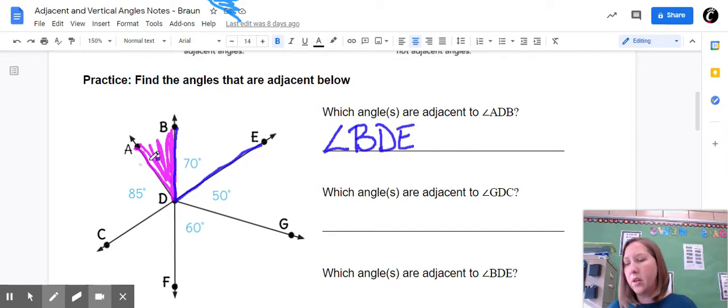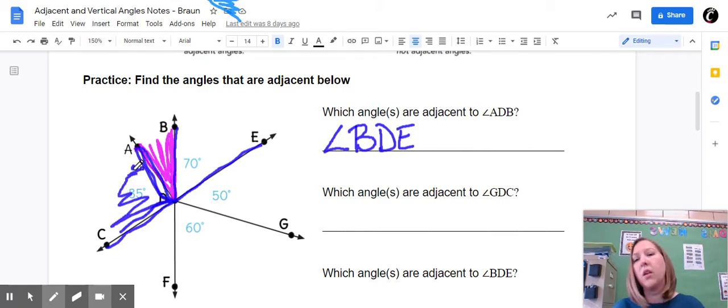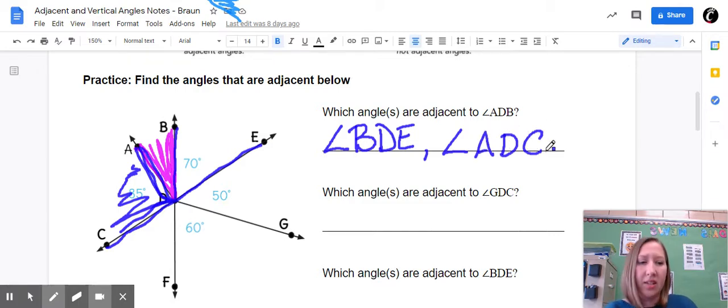And another one would be over here, ADC, sharing this whole part here. Those are probably two of my easiest angles, A, D, C. Those are two of the easiest angles to see just because they're the ones that are right next to my original angle, right next to angle ADB.